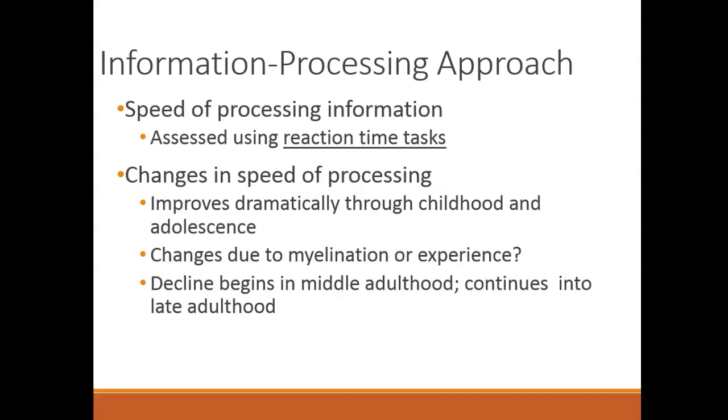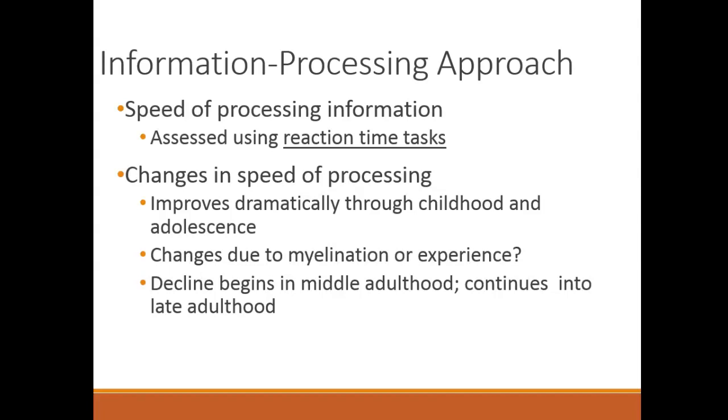As we go through childhood and adolescence, our reaction time gets better and better. Our ability to process information speeds up, and we're able to take more information coming at us at a time, up to a certain point. So there are changes in the speed of processing. It improves dramatically through childhood and adolescence.